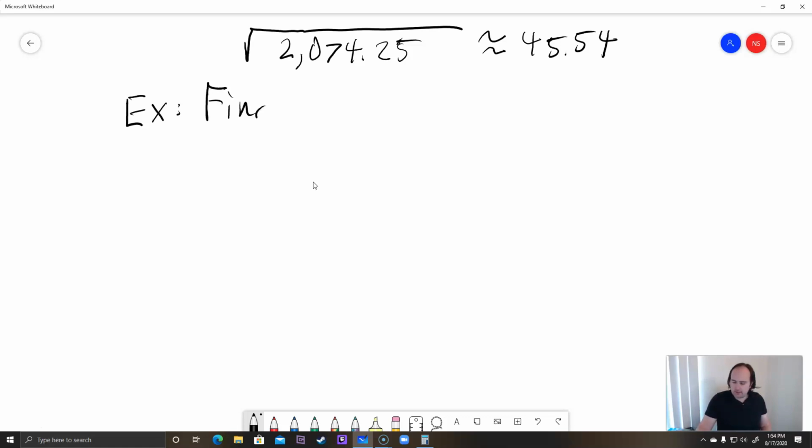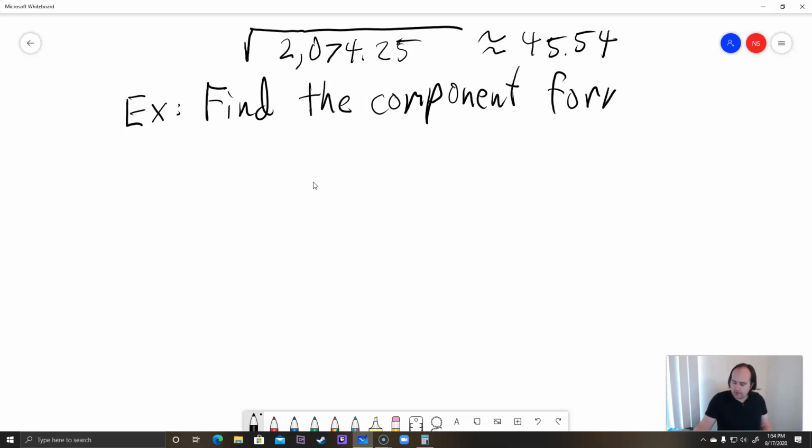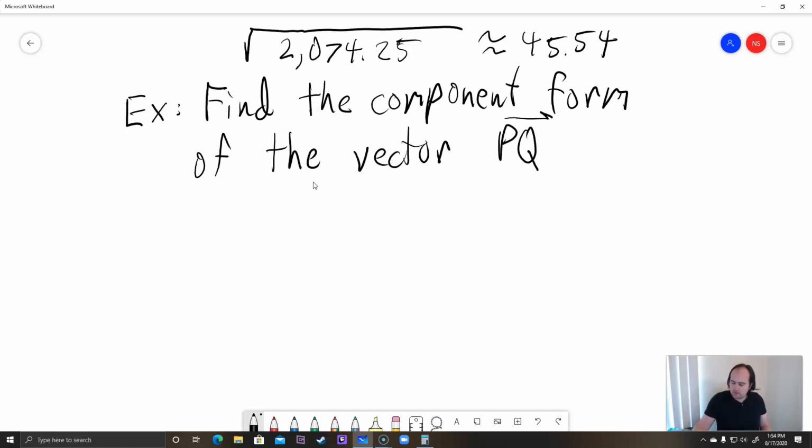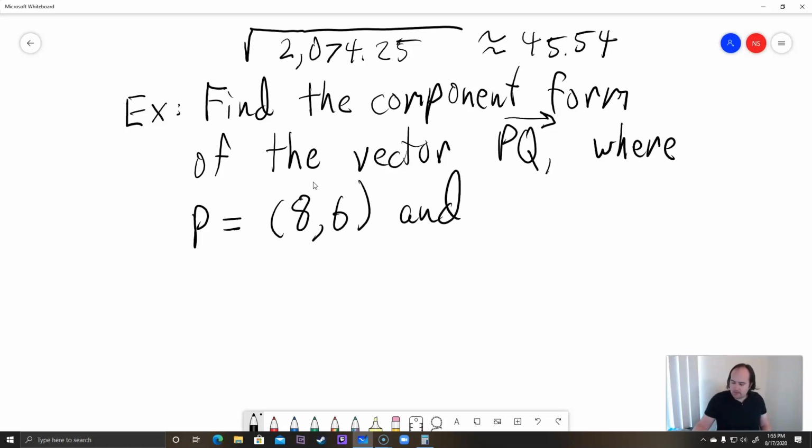And this one is find the component form. Remember, component form is the same as a position vector of the vector PQ, where P is equal to the point 8, 6, and Q is equal to the point 9, -2.